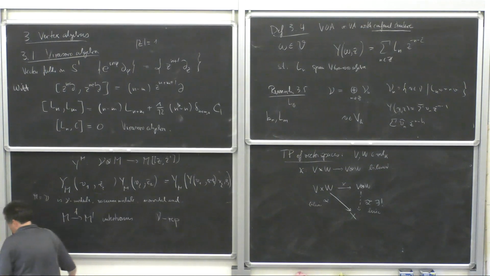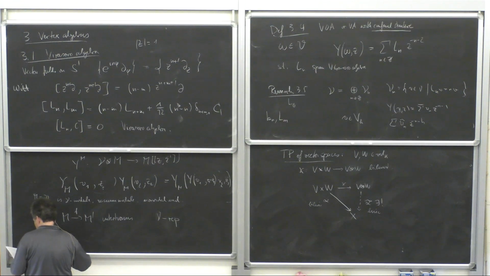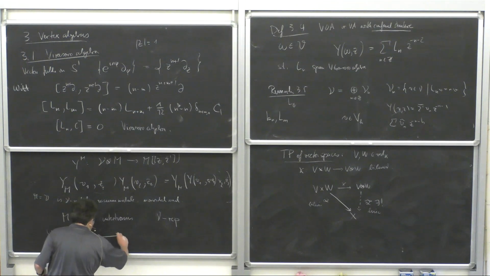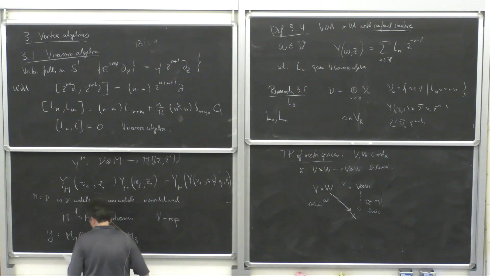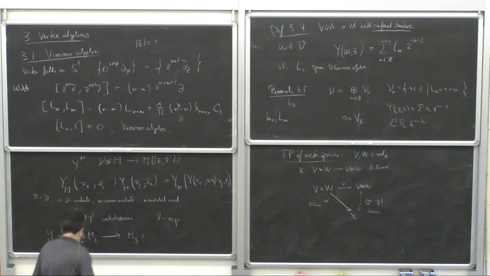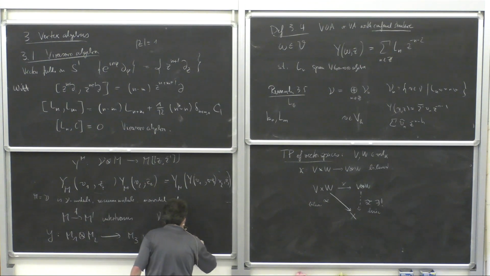Enough that you trust me that I should define when a map from M1 tensor M2 into some third module is a V bilinear map.